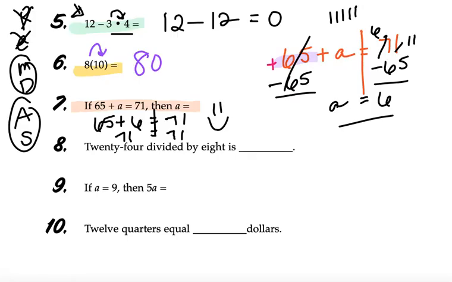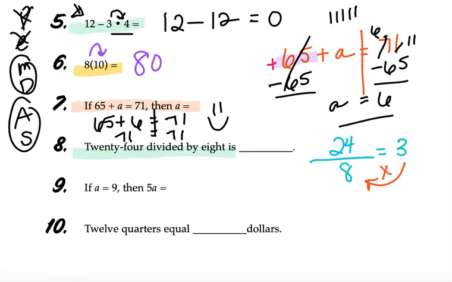Nice. So let's move on to 24 divided by 8. So let's translate this to an actual problem. 24 splits into 8 groups, or 24 divided by 8 is 3. And once again, I could think opposite. If 24 divided by 8 is 3, then 3 times 8 must be 24.